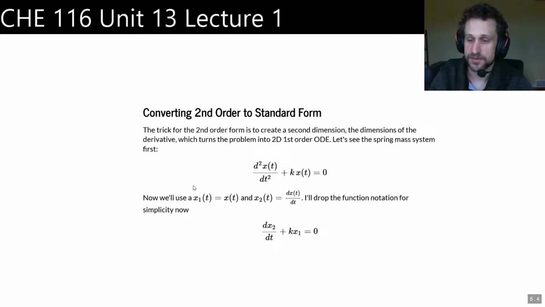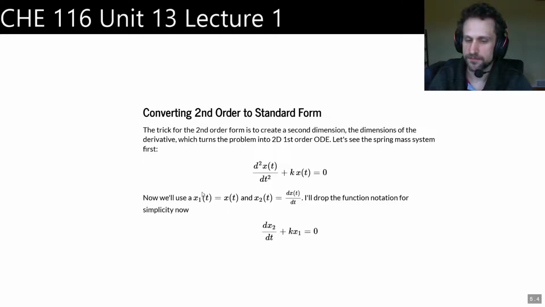So let's see how to do the second order ODEs. Let's see the spring mass system. The trick that we do is that we take a second order one-dimensional ODE and we add a new dimension to it so that it becomes a two-dimensional problem. And then that will reduce it from a second order ODE to a first order ODE.